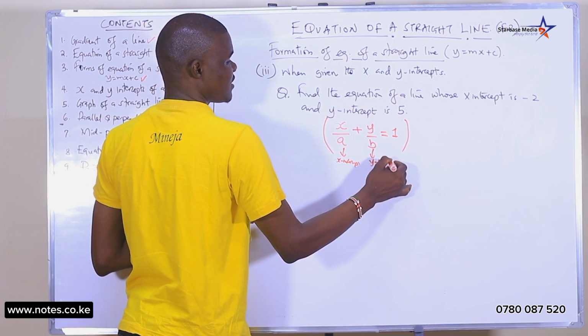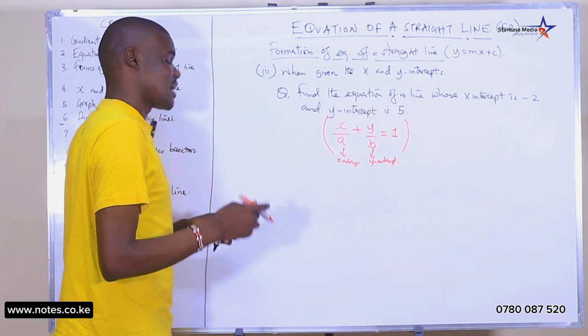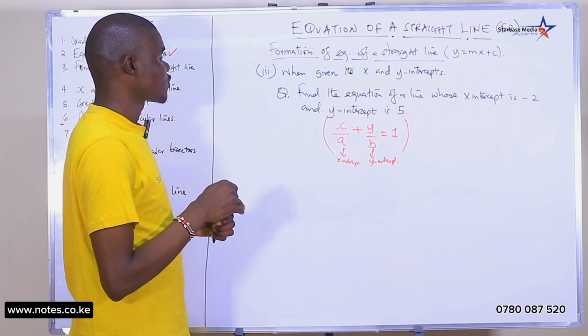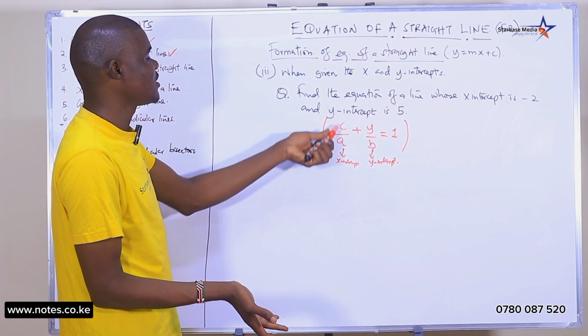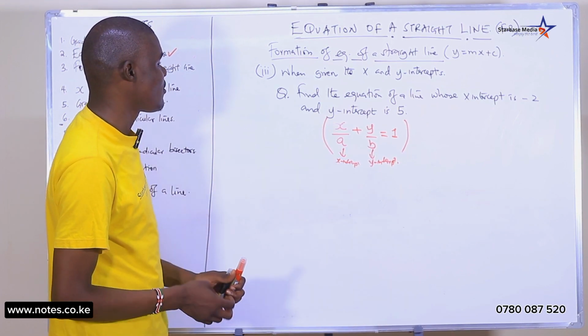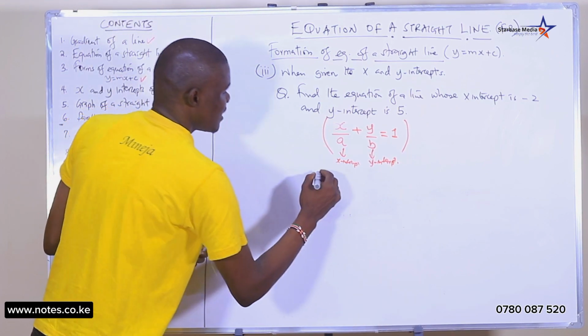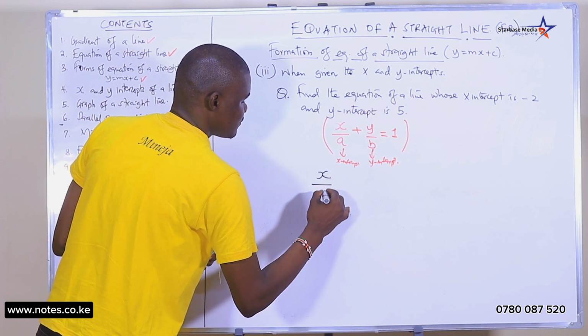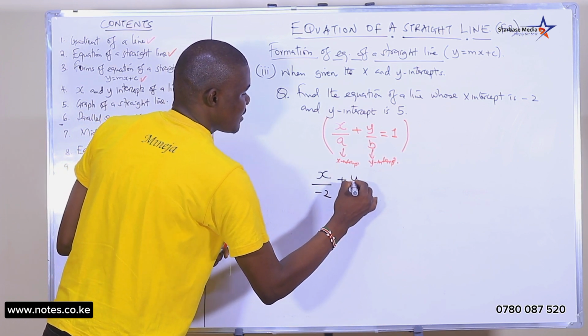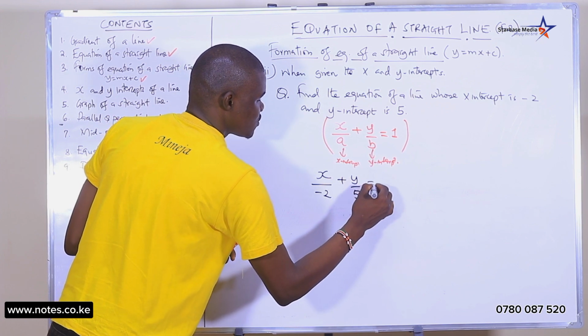So this formula is very important. It is just a matter of replacing in your formula. So we'll just say x over -2 plus y over 5 is equals to 1.